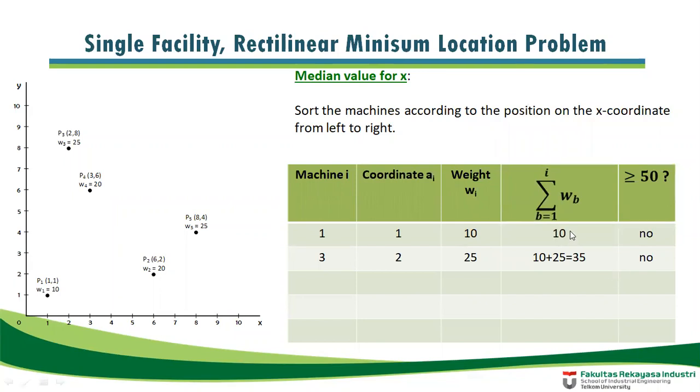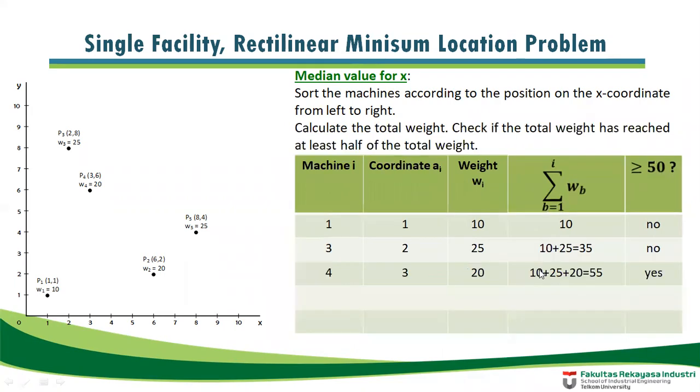So we just sum up the weights: 10 plus 25 equals 35, and it still doesn't reach the minimum total weight, which is 50. So we go through the third iteration.